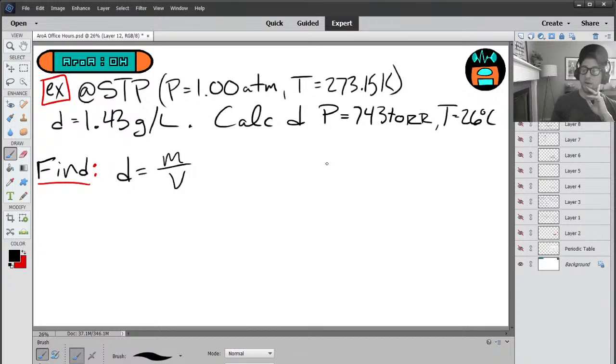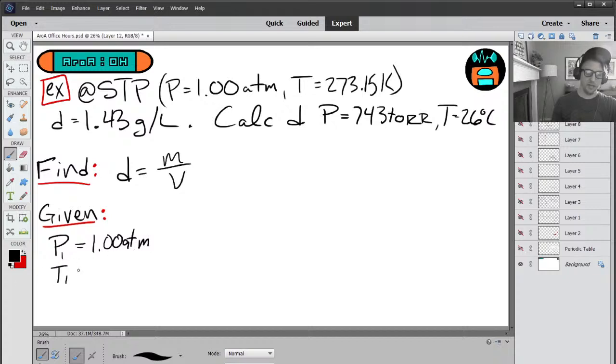All right, now let's look at what we're given. We're given our pressure, I'm just going to call it P1, is 1 atmosphere. We're given T1 is 273.15.